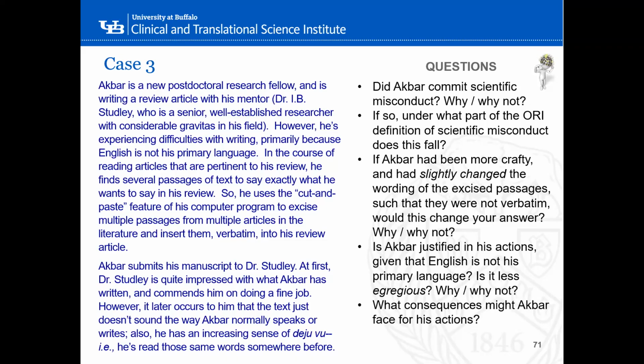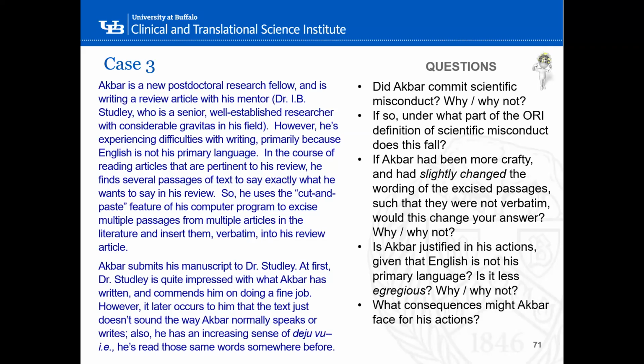And I can say, remember, when I talked about consequences, remember I said whether or not it was an isolated incident or was this a chronic pattern of behavior. So from the particulars that we are given, it seems that this was a one-off. In other words, this is the only example that Akbar engaged in this behavior.